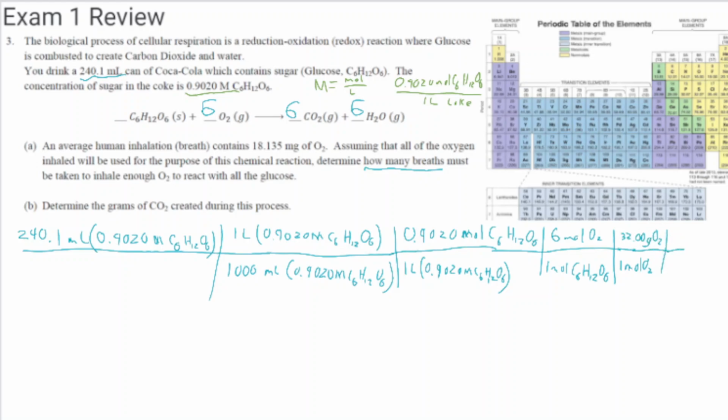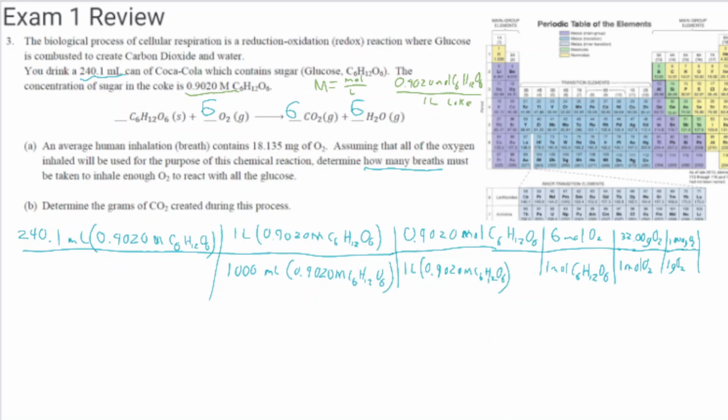Now that we're in grams of O2, we can convert to milligrams of O2. We can say for every 1 gram of O2, that's going to be 1,000 milligrams of O2. And then we have our last conversion, which I think I'll be able to just barely fit on here, coming from our question.